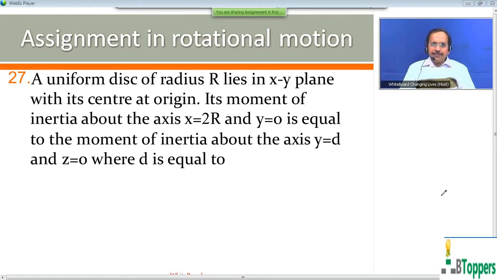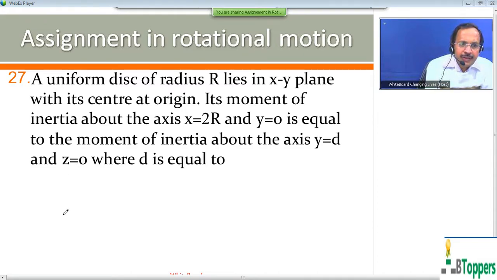See question number 27. A uniform disk of radius r lies in the xy plane with its center at the origin. Let O be the center of the disk, which lies at the origin of the coordinate system.